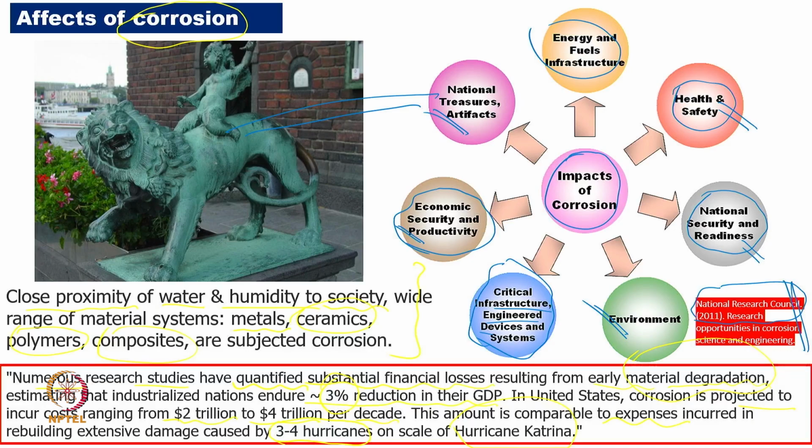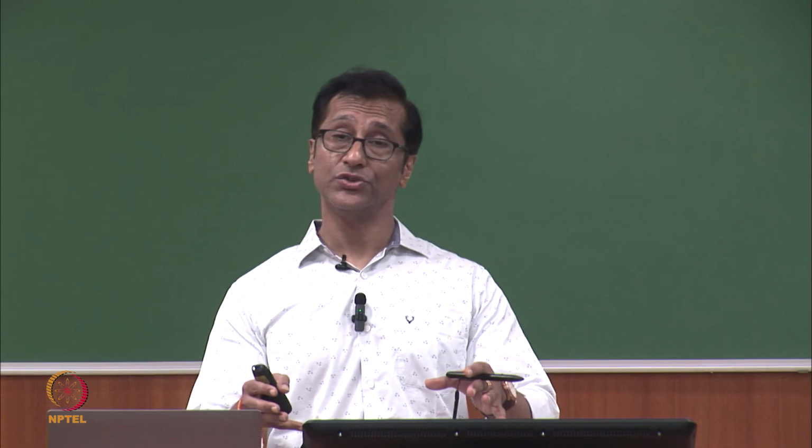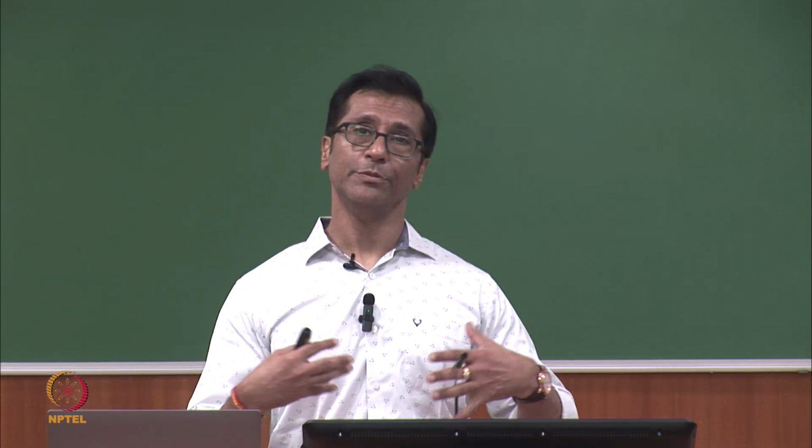So, this report is a very good report, indicating that there is a lot of need to do research in corrosion science and engineering, so that we get better results. If I want to express these things in a slightly different manner, we can say the National Research Council expressed the need of corrosion education. Reason being that many people who even do corrosion research will be focusing only on one type of corrosion, or maybe only a very small element.